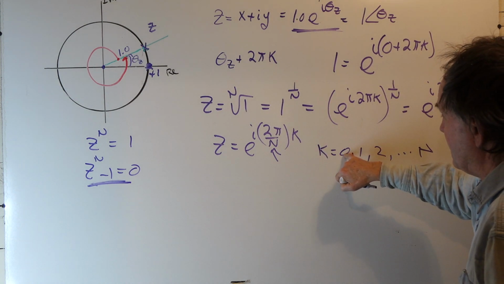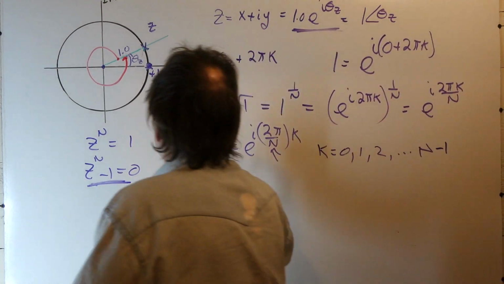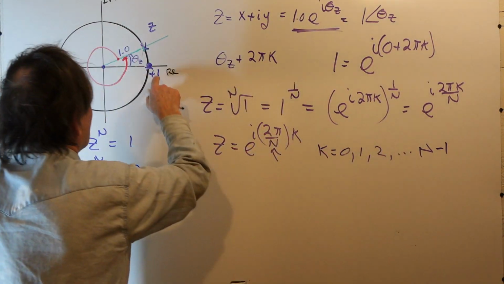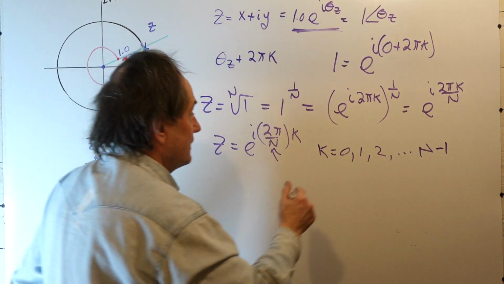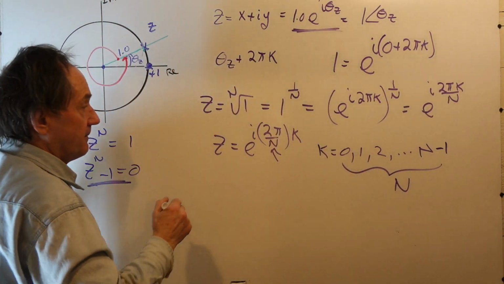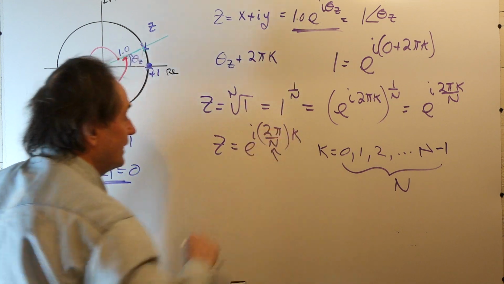If we start at k equals 0 and take it up to n minus 1, that gives us all the roots. And then when k is equal to n, we're back to where we started at plus 1. So there are n unique roots as we increment k from 0 to n minus 1 on this equation.